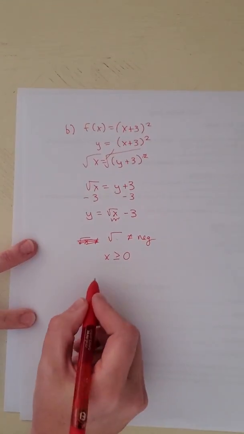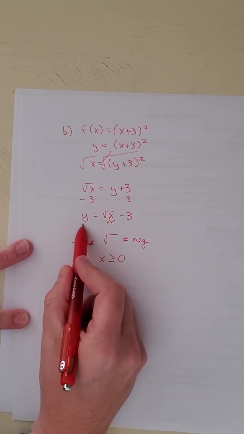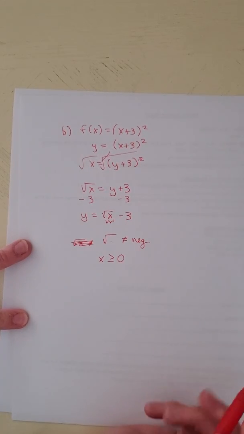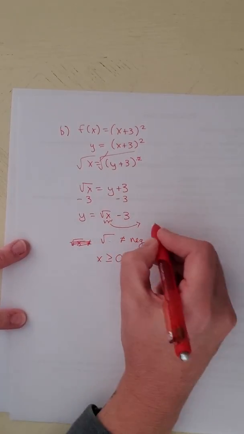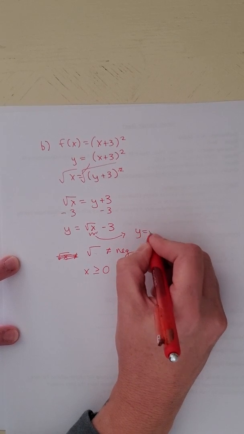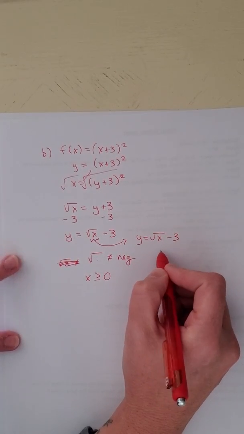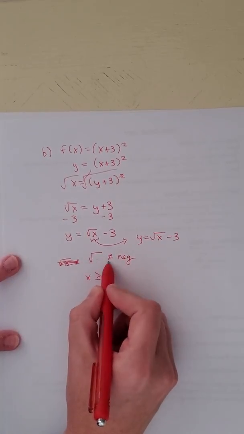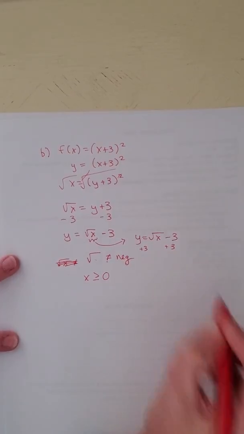And then the restriction on the range is that, again, y cannot be negative. So what I'll do, I need this to solve for this square root. So off to the side here, y equals square root x minus 3. I cannot have the square root equal to a negative. So I'm going to go ahead and solve for the square root.